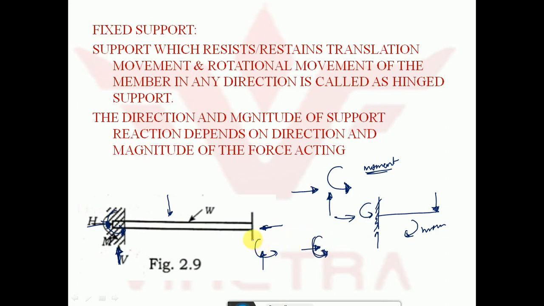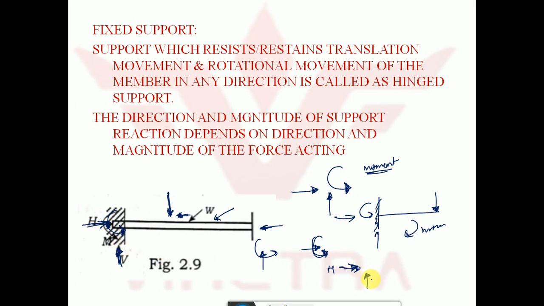If an inclined force is applied here, it has a vertical component and a horizontal component. This inclined force I can resolve into a horizontal component and a vertical component. Therefore the restraint developed at this point, one is a horizontal restraint, because it is not allowed to move in the horizontal direction. Because of the applied load, this body is not allowed to move in the vertical direction also.